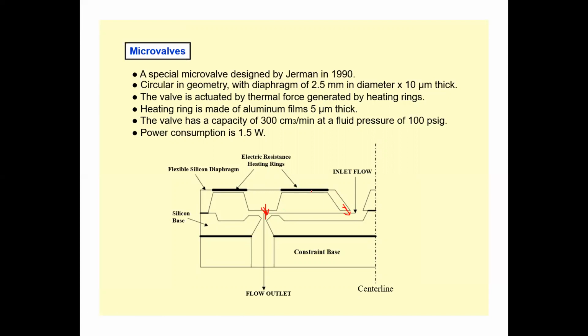When the voltage is removed, they get cooler and shrink, and when they shrink, they lift this one up. This is the inlet flow. When you remove the voltage, it goes up, which allows the fluid to come inside and pass through. When you heat them, they expand and choke this area, and the flow is stopped accordingly.